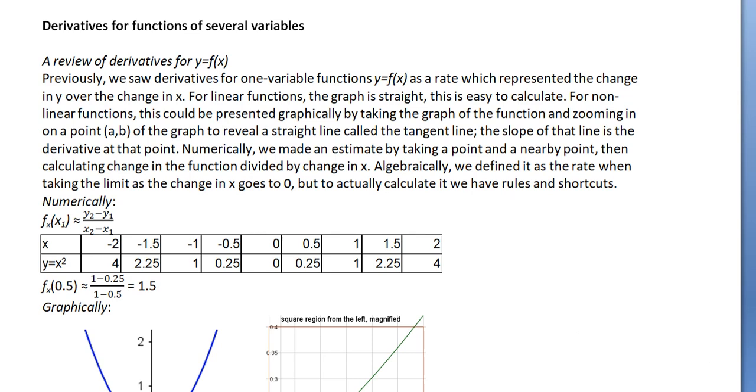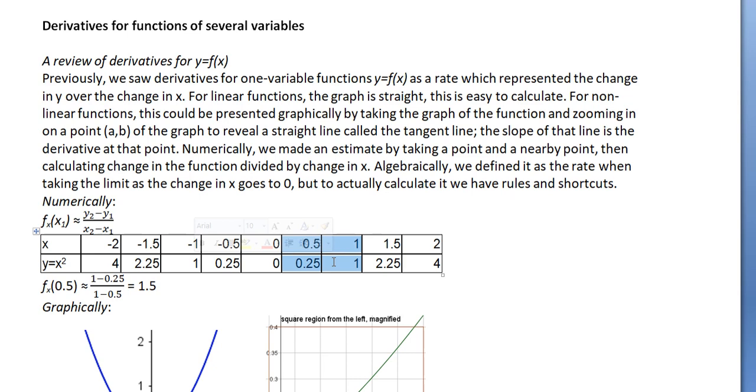So what do these different things actually look like? Here, the derivative of f of x, so f sub x, at a point x1 is approximately just taking 2 points: y2 minus y1 over x2 minus x1. For example, if we want to know the derivative at the x value 0.5, we could take the point where x equals 0.5, and then a nearby point from this table of values, let's say where x equals 1 and y equals 1.